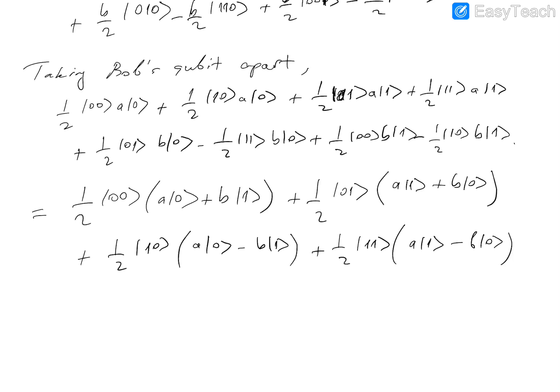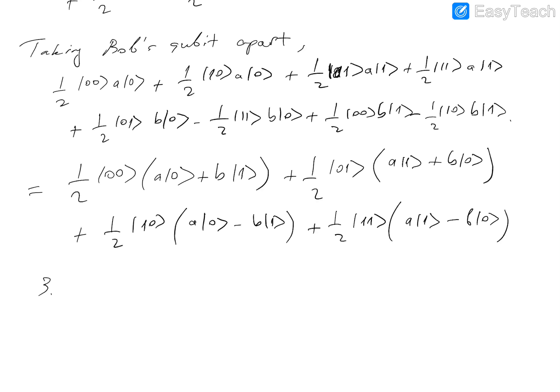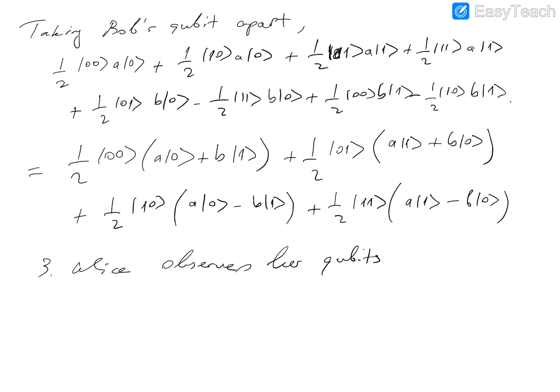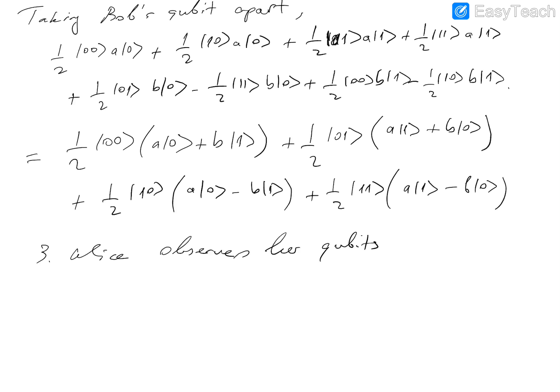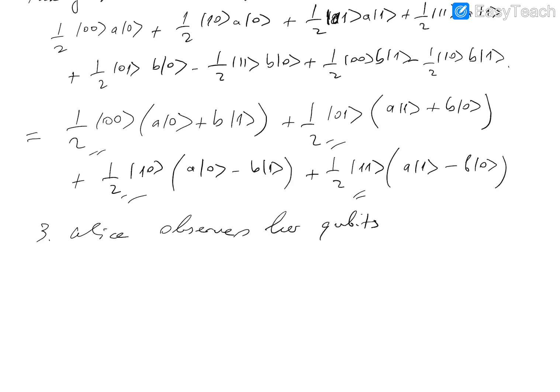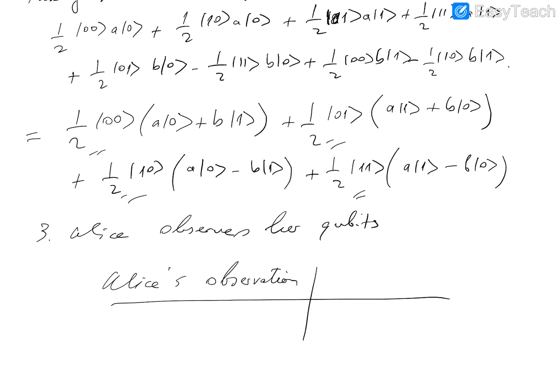Now Alice observes her 2 qubits, okay? Now in the outcome, she either sees 0, 0, or 0, 1, or 1, 0, or 1, 1, each with probability 1 over 4, right? Okay, so let's draw a table. Alice's observation and post-observation states.